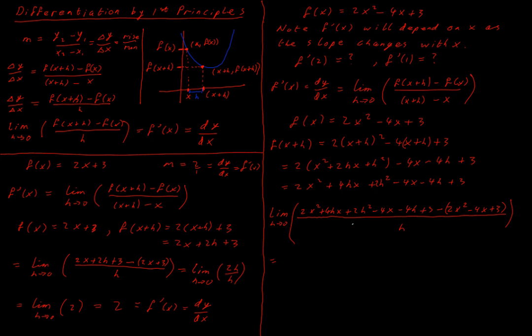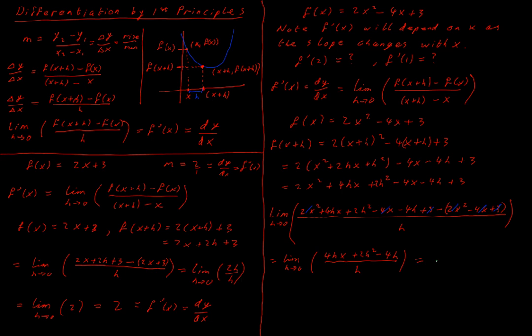And I look for my like terms that I'm able to subtract away from each other. I end up taking them away and them away, and I am left with the limit as h tends to 0 of 4hx plus 2h squared minus 4h all over h.